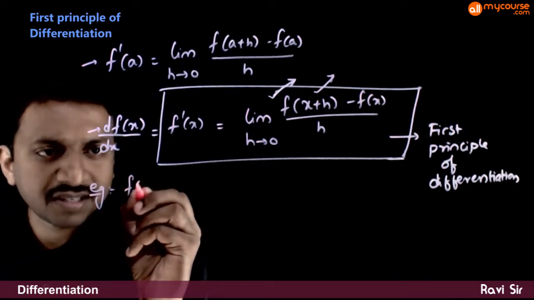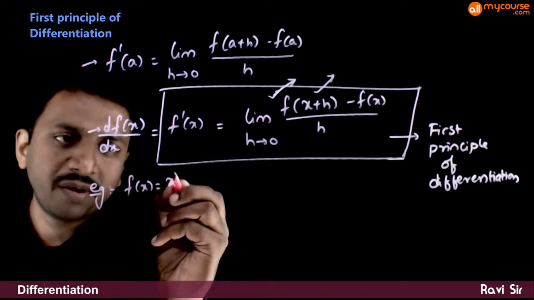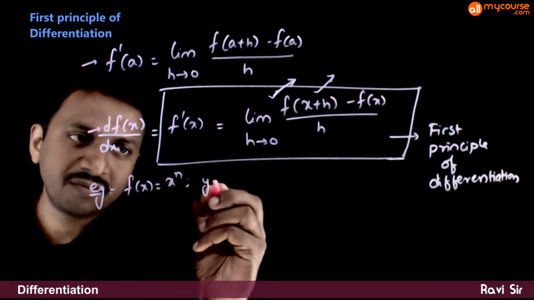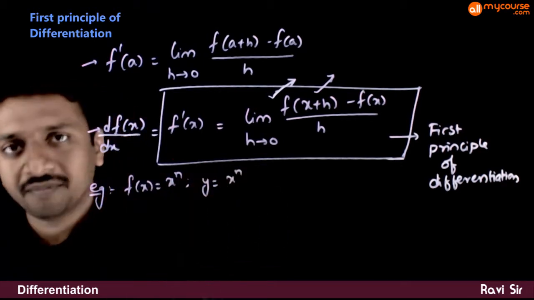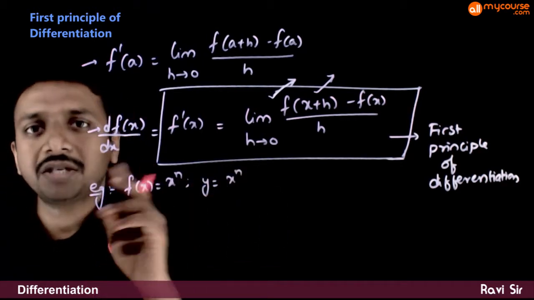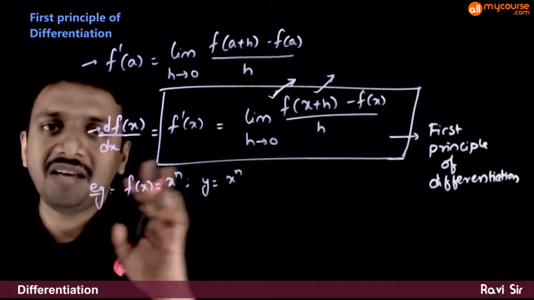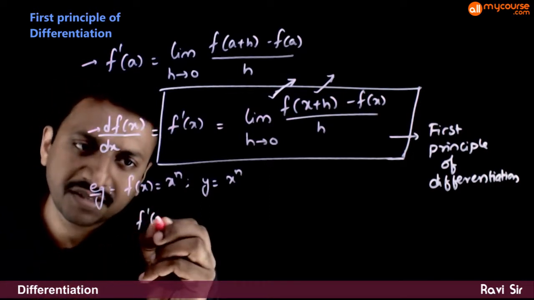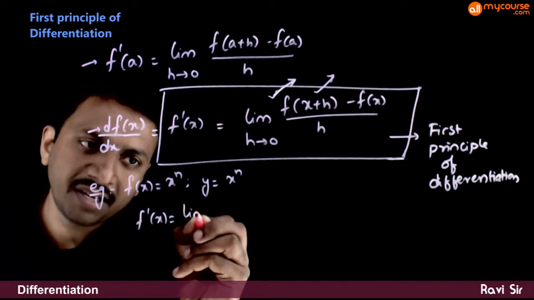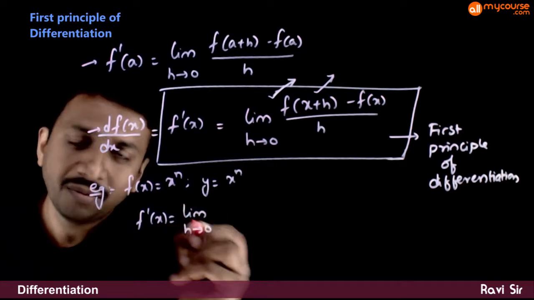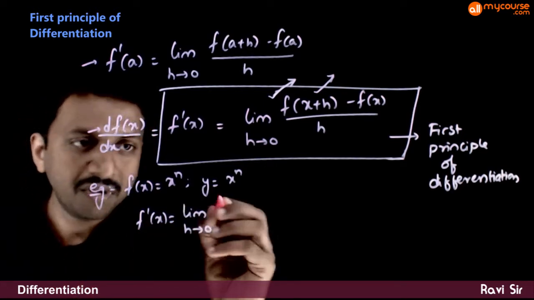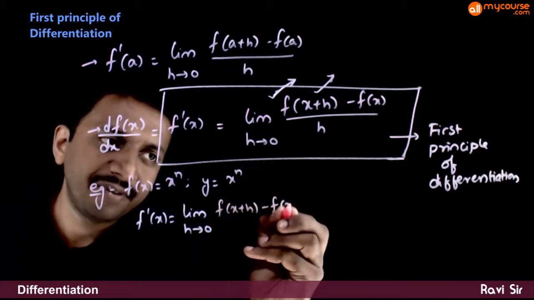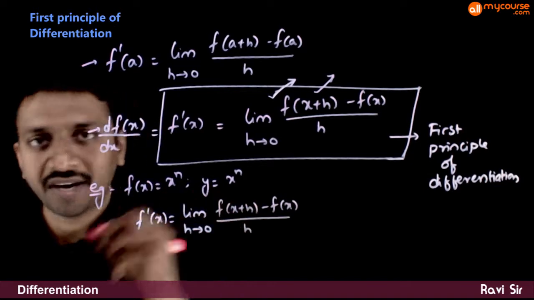So let f of x is equal to x to the power n. Or this can also be written as y is equal to x to the power n. So what is the differentiation of this function? Or what is dy by dx? So f dash of x is equal to limit h tends to 0 f of x plus h minus f of x by h, right?